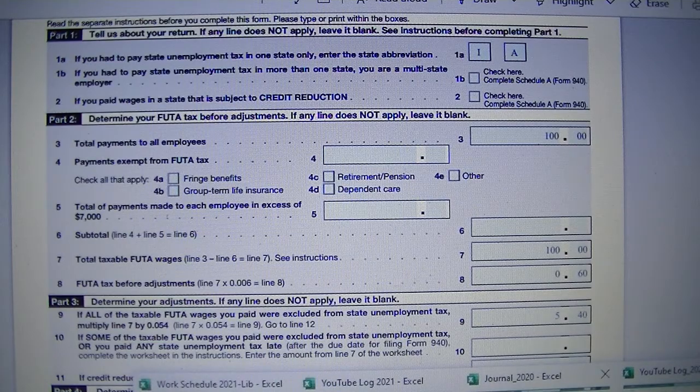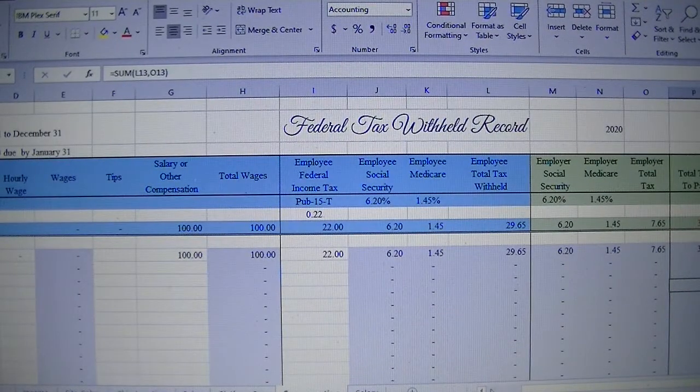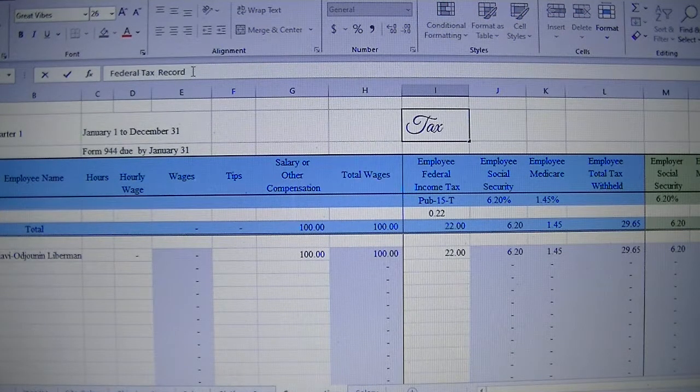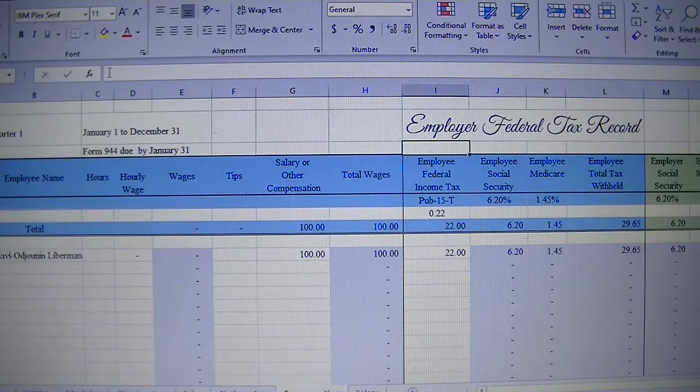But if you use a spreadsheet to track incomes you paid, we do have an employer federal tax record spreadsheet that we'll have on our website ninasoap.com, so that you can download it to use to track incomes that you pay yourself if you are the only one running your business, or to track incomes you pay your staff members if you are not using any accounting software for that matter.